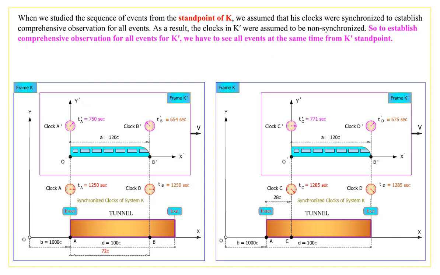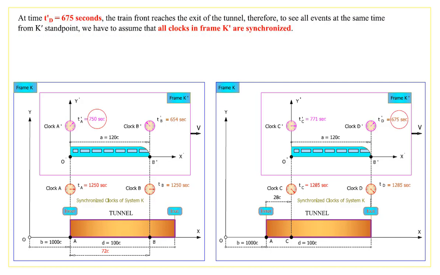When we studied the sequence of events from the standpoint of K, we assumed that his clocks were synchronized to establish comprehensive observation for all events. As a result, the clocks in frame K' were assumed to be non-synchronized. So to establish comprehensive observation for all events for observer K', we have to see all events at the same time from the frame K' standpoint. At time t'd equals 675 seconds, the train front reaches the exit of the tunnel.